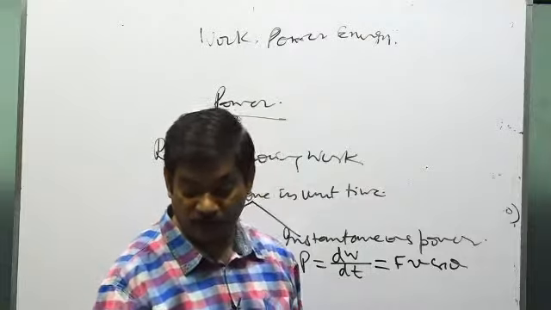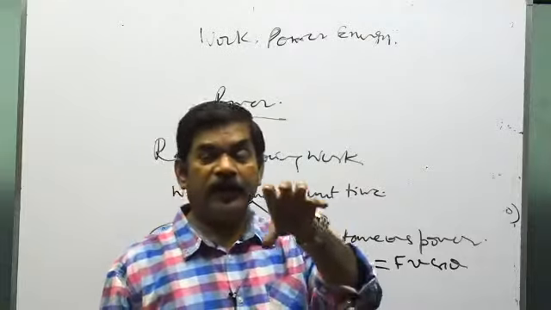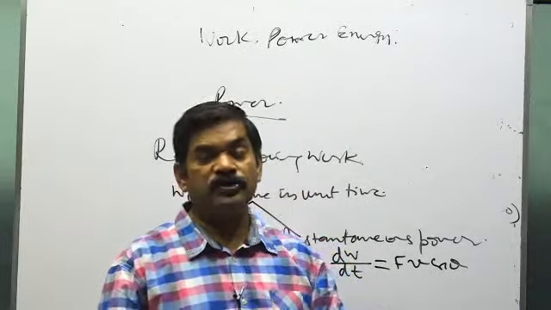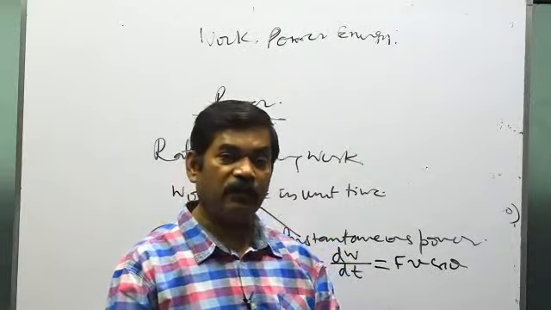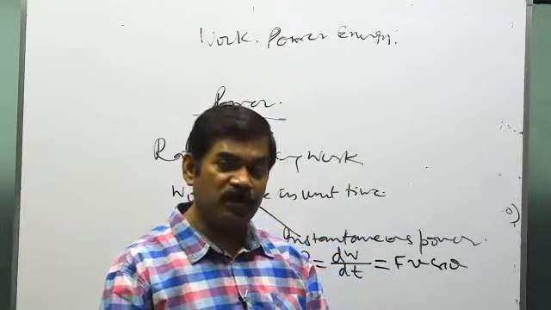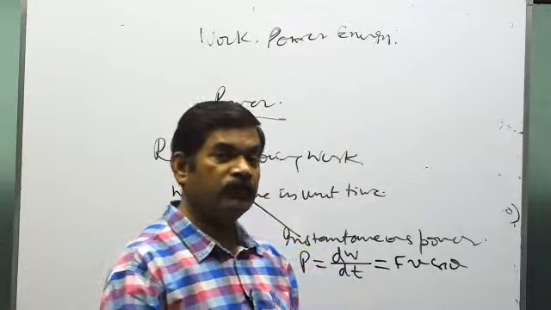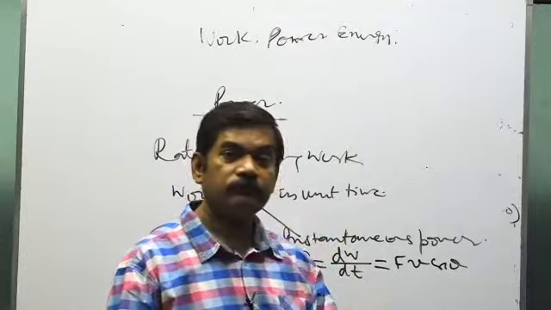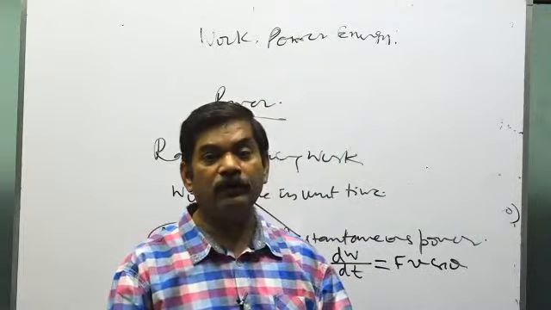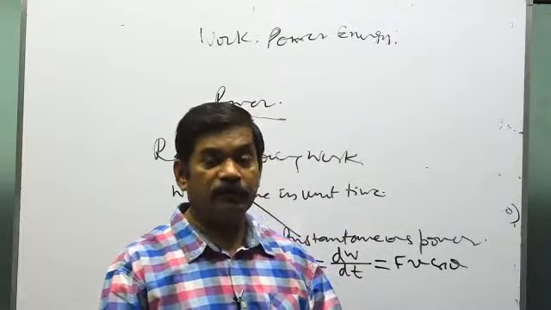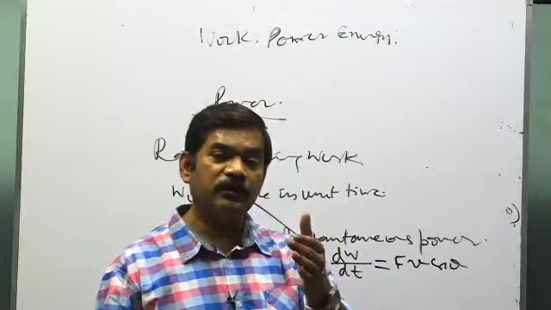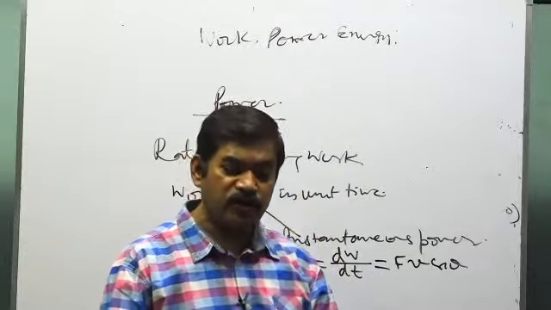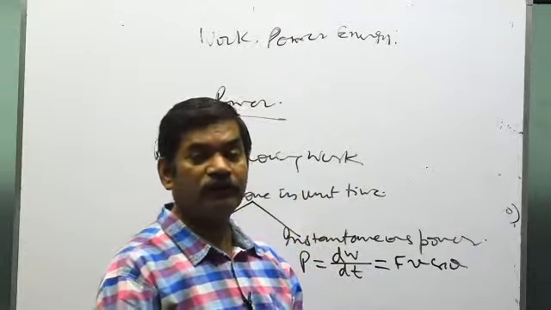Once again, at a time, several forces might be acting on the body. If they have asked you to calculate the instantaneous power, you have to see the power of which force they have asked.